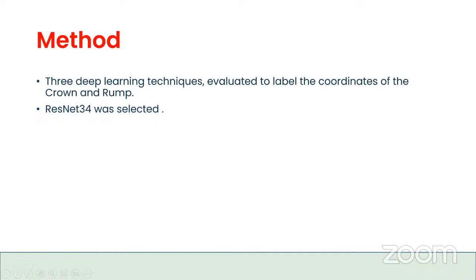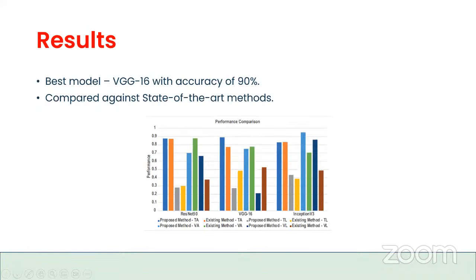The VGG16 and ResNet34 models were identified through comparison of the transfer learning approaches as the most suitable models for the classification of segmented images, and the identification of the crown and rump regions. As a part of the selection process, the VGG16 classifier was selected as the most appropriate transfer learning model due to higher performance when compared to DenseNet121, ResNet50, and Inception v3.